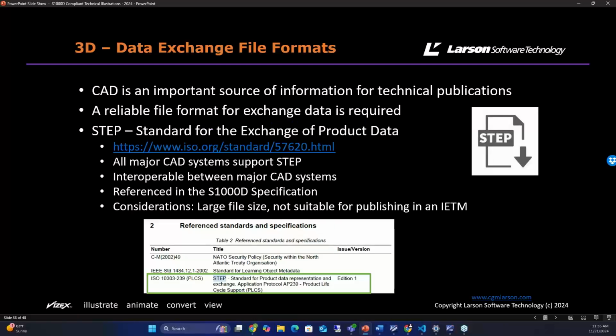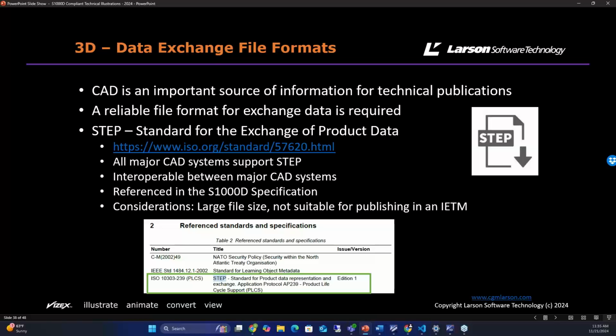So, 3D to 2D. To do that, you're going to have to get CAD data and manipulate that model in some way to create your 2D data. STEP is a format we support, and it's referenced in the S1000D specification for CAD data exchange.